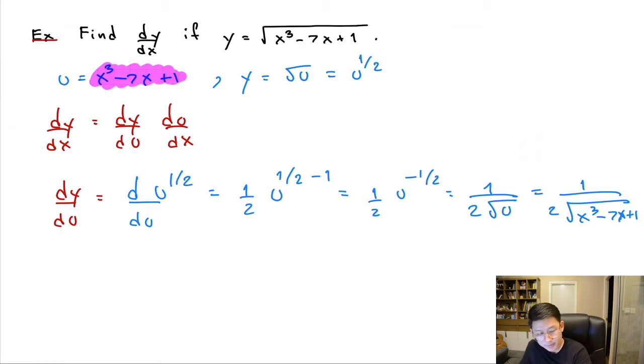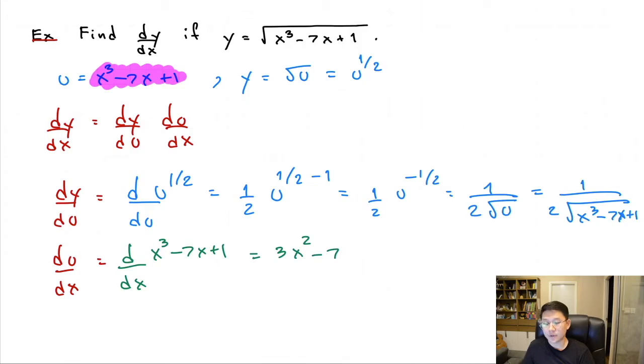And similarly, du by dx is the derivative of x cubed minus 7x plus 1, which is 3x squared minus 7.